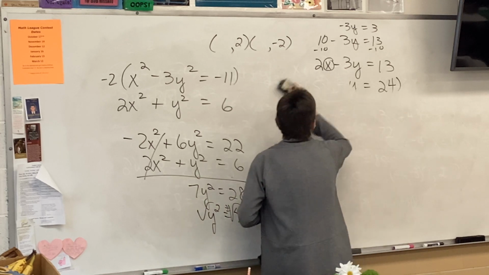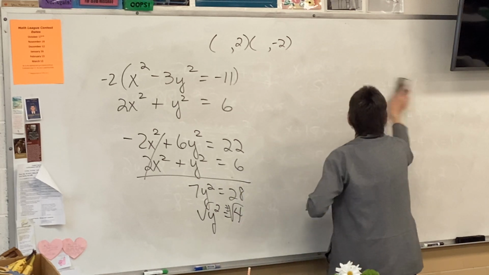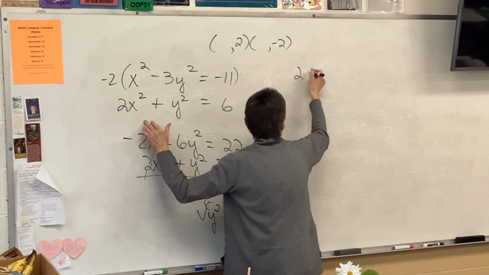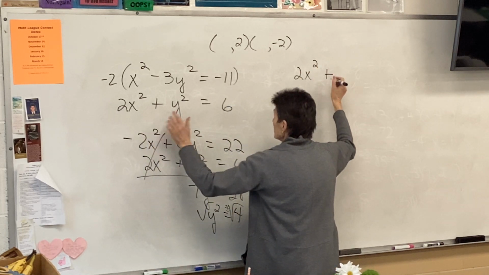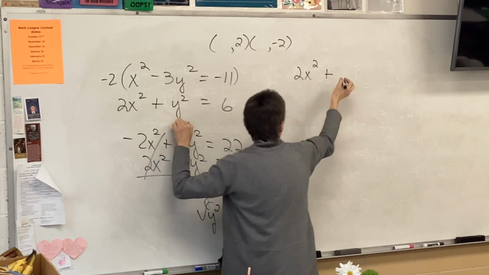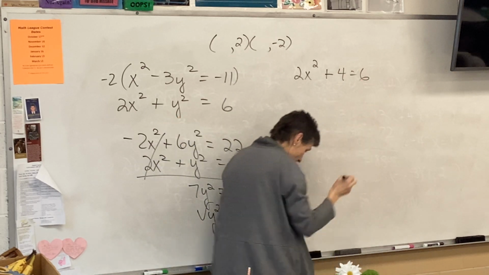You plug them back in somewhere. So I'm going to plug them in this bottom one. So I have 2x squared plus, I'm plugging in 2, so that would be 4, equals 6.